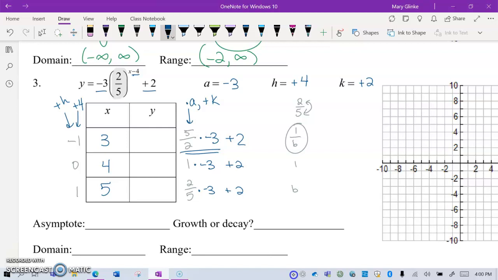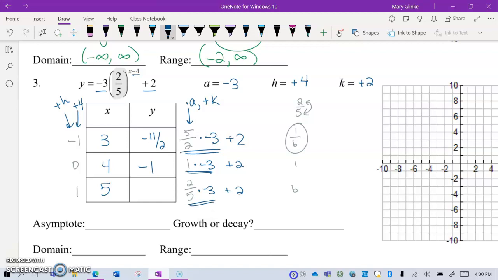So if you want to use your knowledge of fractions, that's awesome. If you'd like to use your calculator, that's fine too. But 5 over 2 times -3 is -15/2, and if you add 2 to that, you get -11/2. 1 times -3 plus 2 is -1.